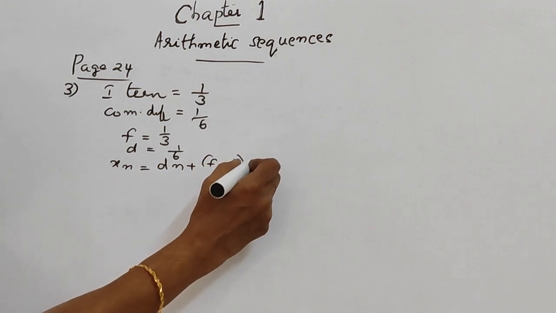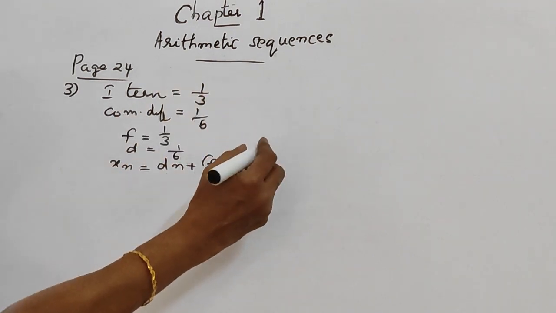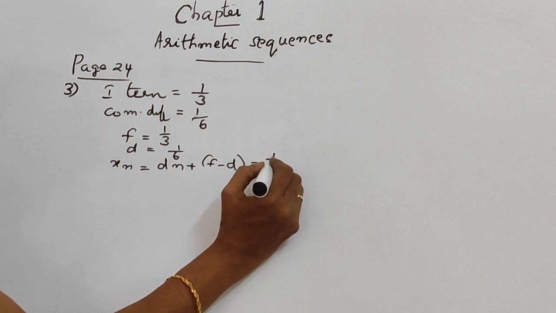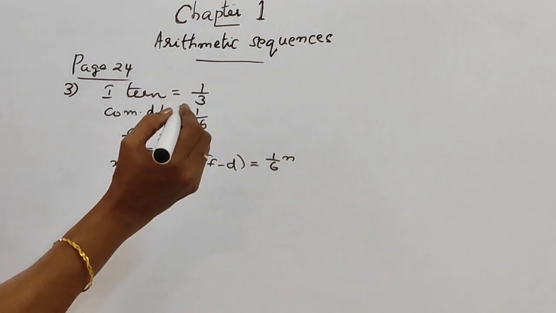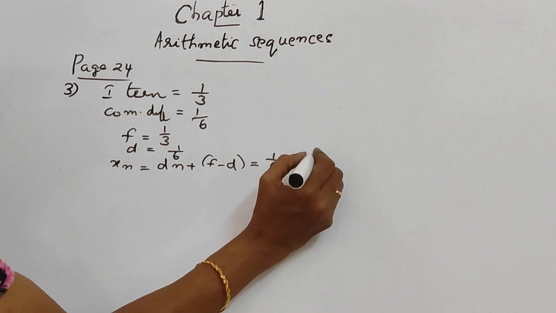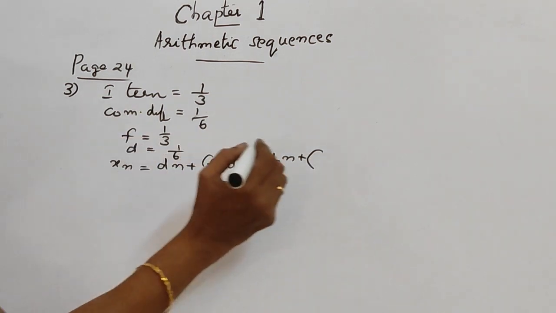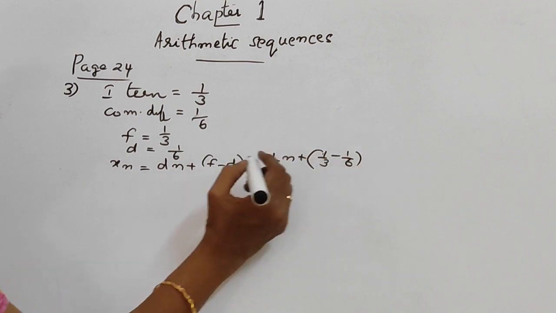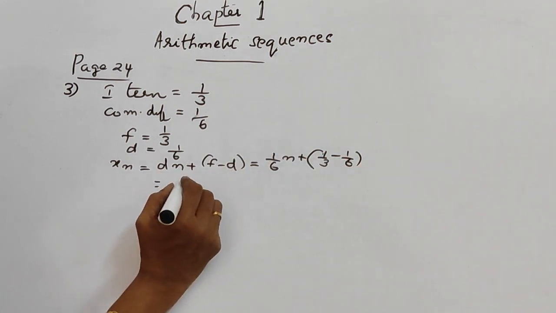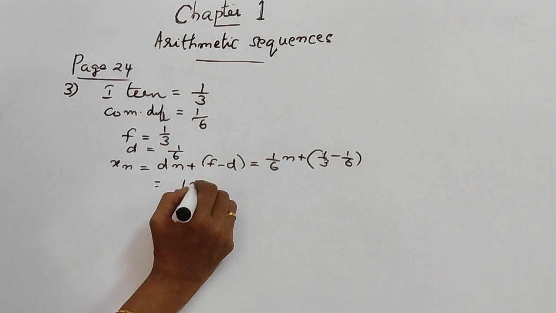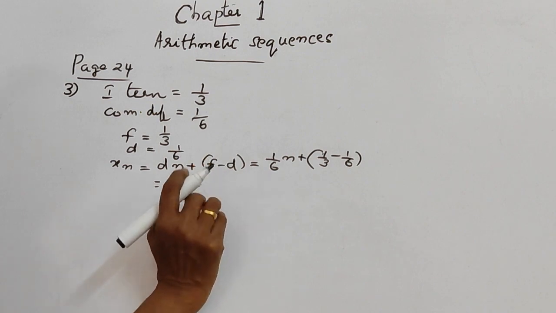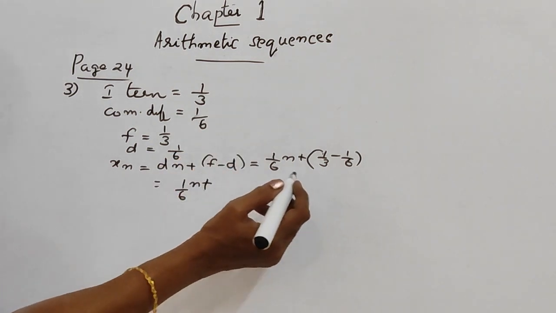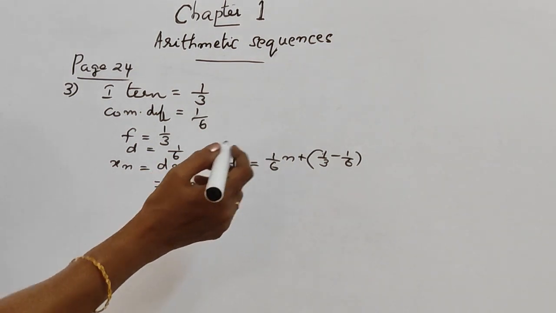Yesterday we have studied d is equal to common difference, that is 1 by 6 n plus f minus d, 1 by 3 minus 1 by 6, equals 1 by 6 n plus, taking the LCM and simplifying, you will get 1 by 6.